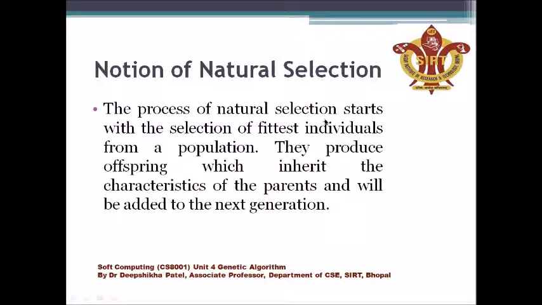The process of natural selection starts with the selection of the fittest individuals from a population. They produce offspring which inherit the characteristics of parents and will be added to the next generation. So what exactly is the notion of natural selection? Natural selection begins with finding the two fittest individuals. So what exactly is the process through which we can find the fittest individual?